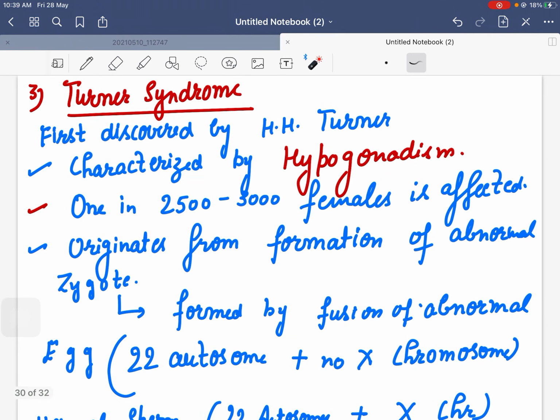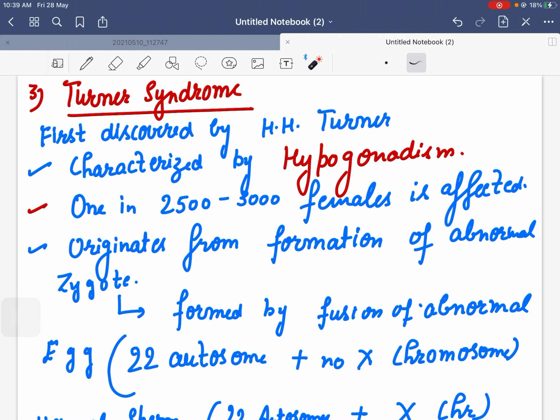So another last example I'm taking here is Turner syndrome. Turner syndrome was described by the scientist H. Turner. That is why this name is given, and it is characterized by hypogonadism.